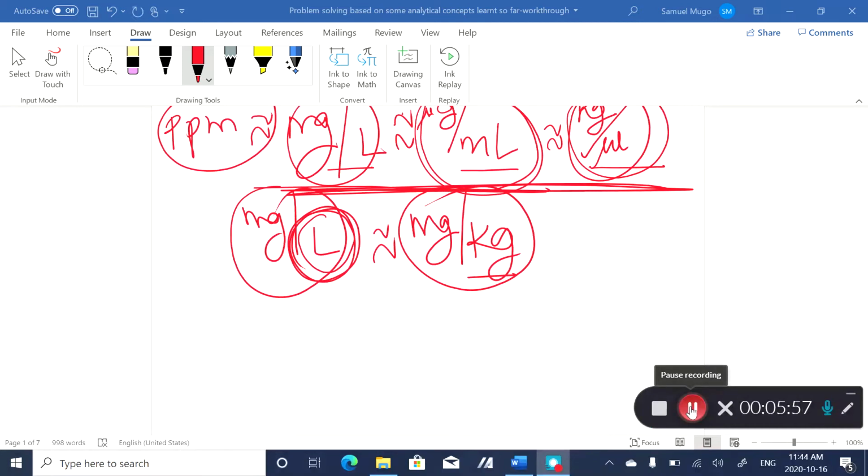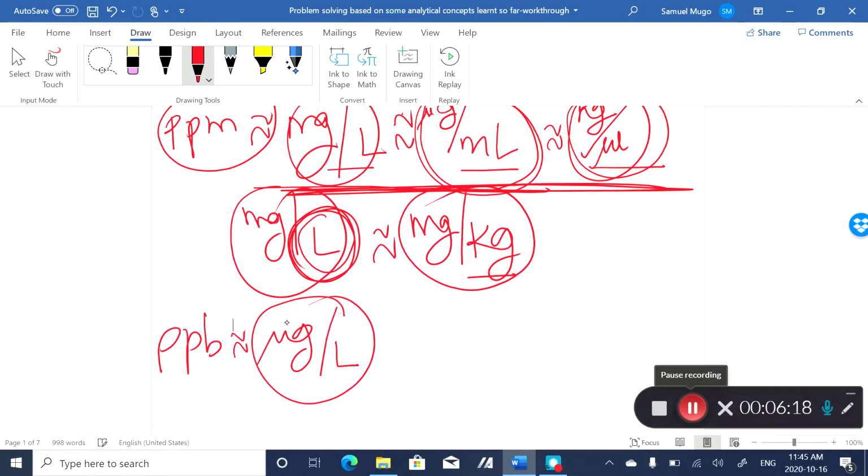On the other hand, when you're talking about parts per billion, it's referring to what you would call microgram per liter, so that would be parts per billion. Okay.